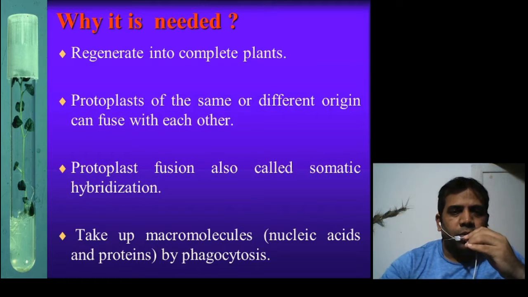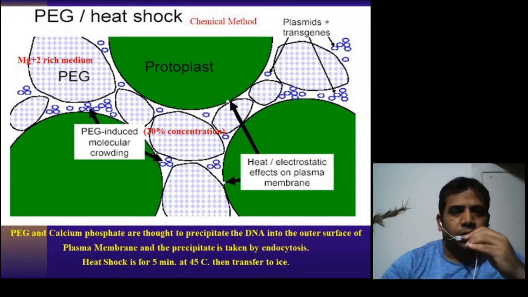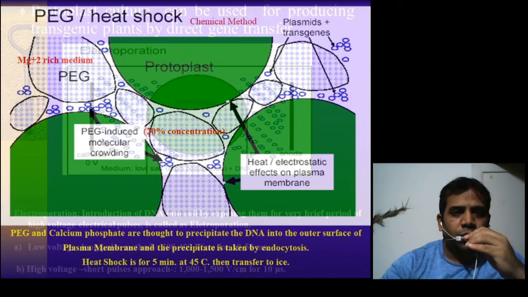Protoplasts from the same or different species can be fused to form hybrids. That is called somatic hybridization. These protoplasts are also useful for taking up macromolecules like nucleic acids and proteins by the process of phagocytosis. In the chemical method, protoplasts are surrounded with foreign DNA, and with the help of fusogens like polyethylene glycol and calcium ions, the porosity of the protoplast changes and nucleic acid enters the protoplast.